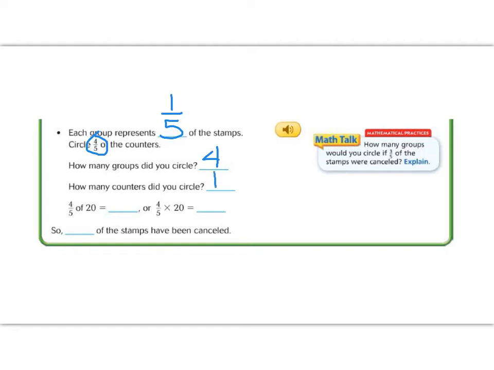So that means that we circled 16 counters because there were 4 groups and 4 in each group gave us 16. So that means that 4/5 of 20 is 16, or 4/5 times 20 is 16. So there are 16 stamps that have been canceled, and canceled means that they have been used.